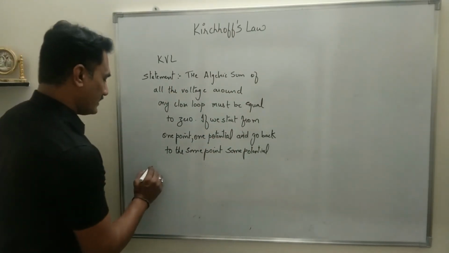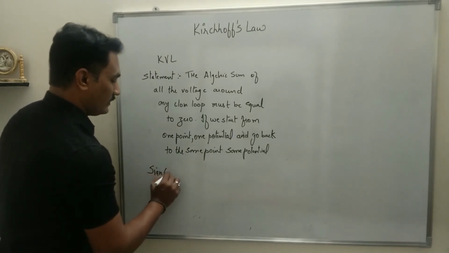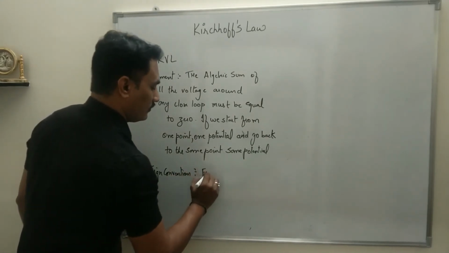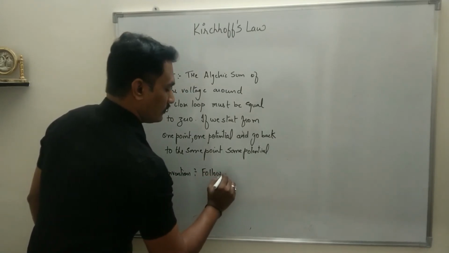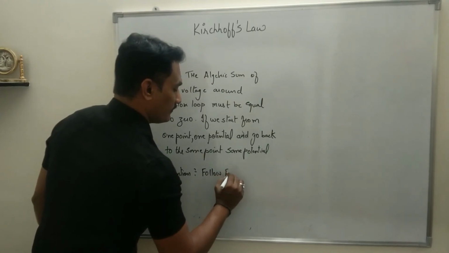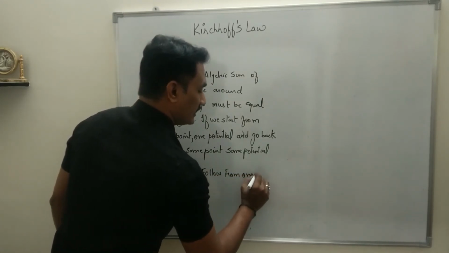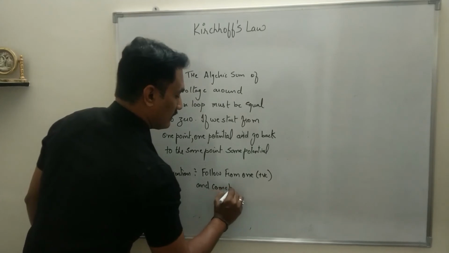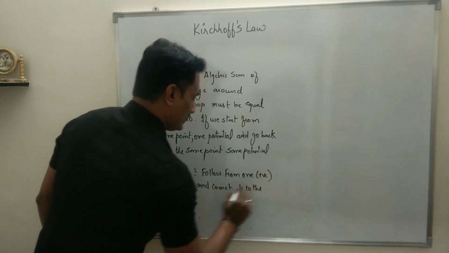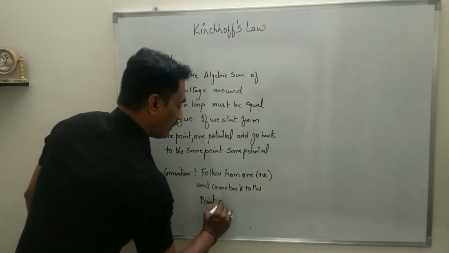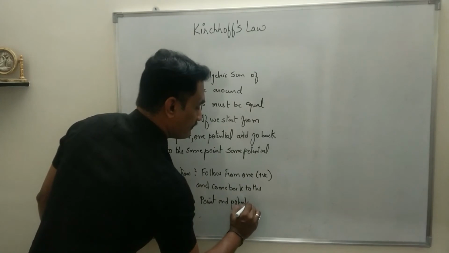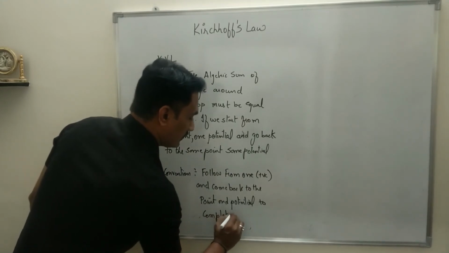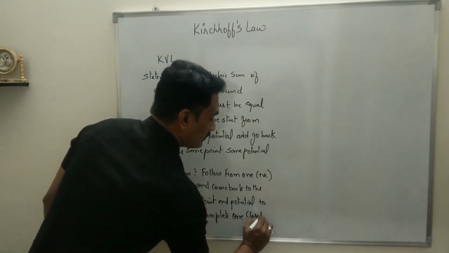Before going to that, we will try to understand the sign convention. You follow from one terminal which is positive and come back to the same point and potential to complete one closed loop.